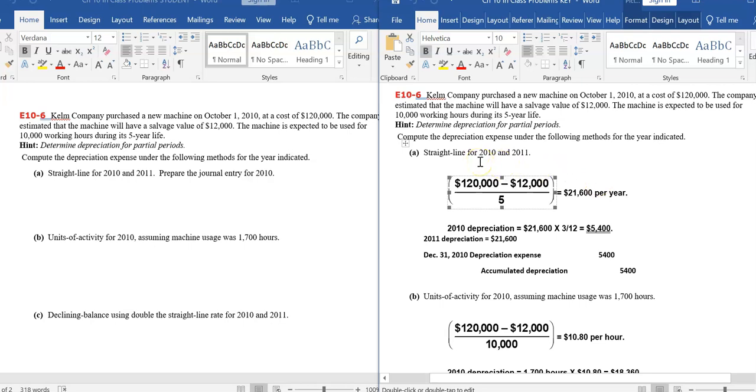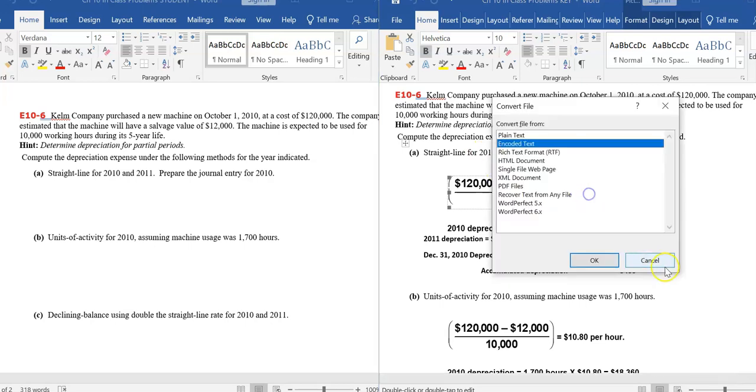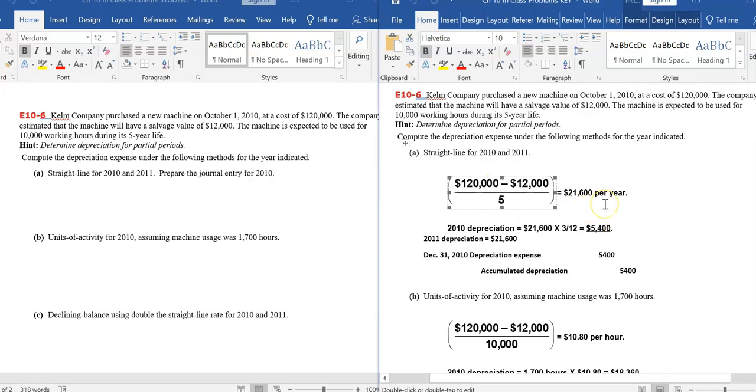The great thing about the straight line method is that depreciation expense is straight. It's a straight amount every year over the life of the asset. So if we calculate $21,600 per year, it's going to be $21,600 every year for 5 years under the straight line method. Okay. Now, the one tricky part about this is that we purchased this new machine on October 1st.